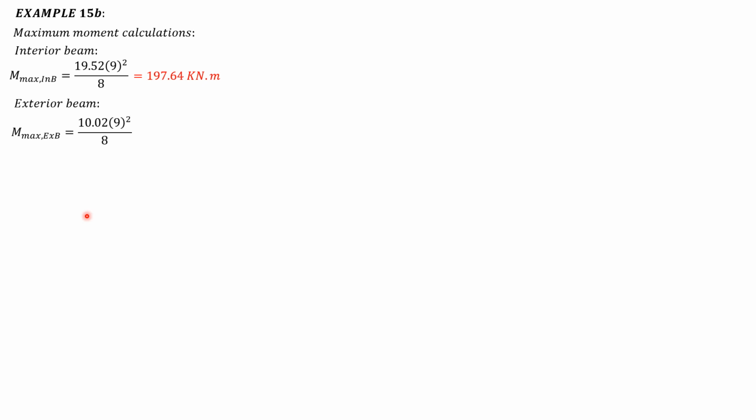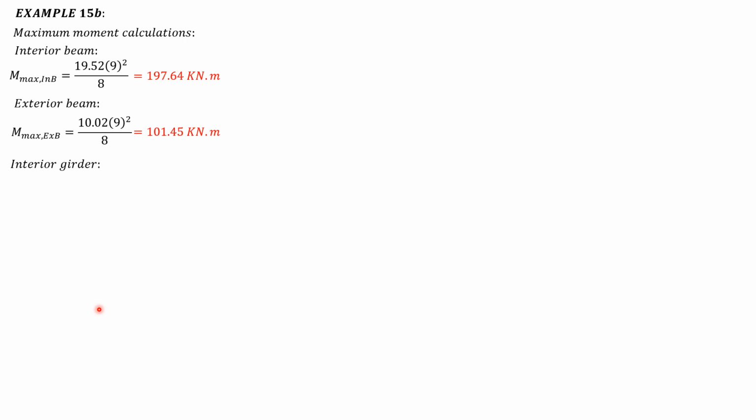For the interior girder, the loading is the uniform weight of the girder. Then we have a concentrated load at the center, which is 2 times the end reaction of the interior beam. The 2 times end reaction of the interior beam is 175.68. The uniform load is 0.98.